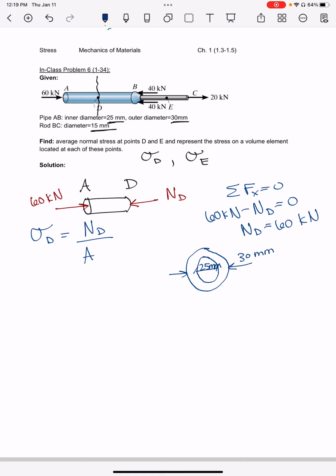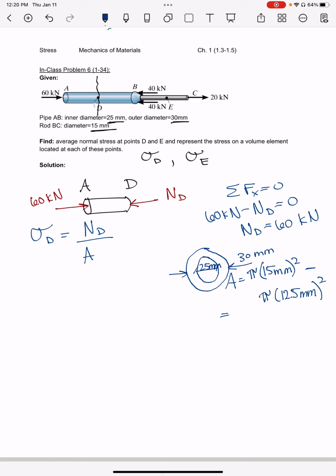So that area is going to be the area of the outer circle, pi r squared, so the radius would be half of 30, which is 15 millimeters, minus the area of the internal circle, which is pi times the radius, half of 25, so it'd be 12.5 millimeters, squared.